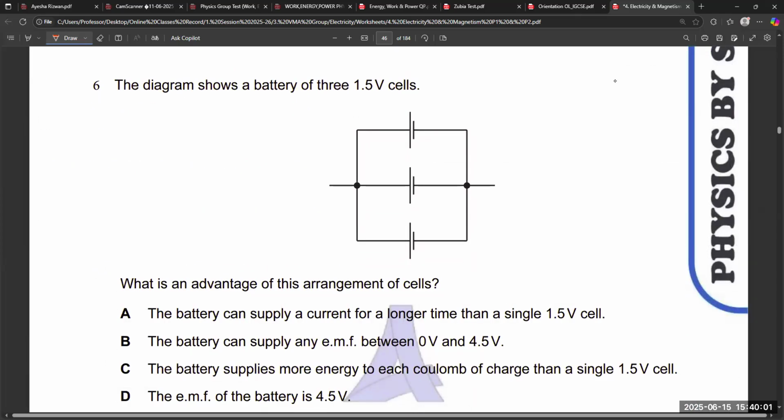Okay, this is for combination of the cells. The diagram shows a battery of three 1.5 volt cells. What is an advantage of this arrangement of cells?